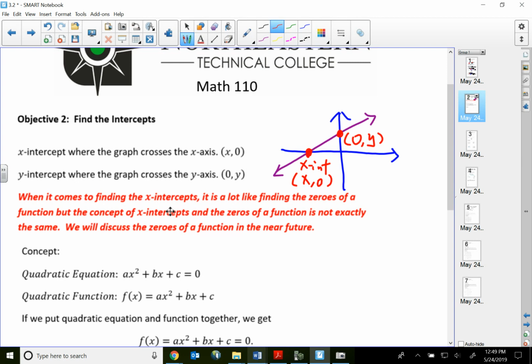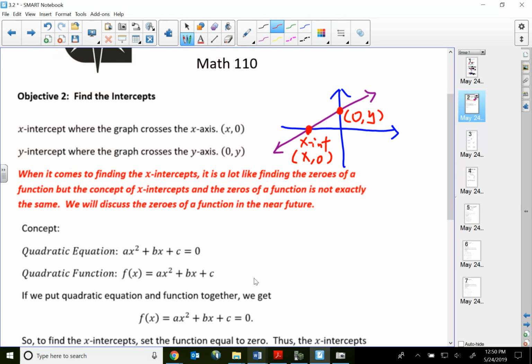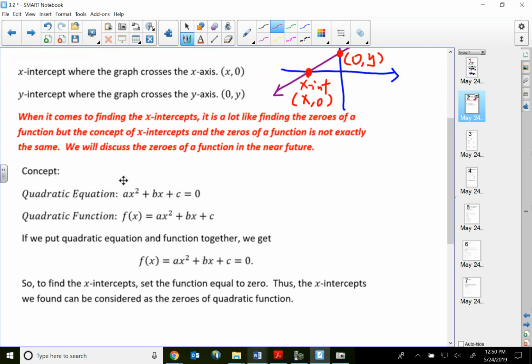I will post a lot of videos about the zeros of a function. For right now, we're just trying to find the x-intercept. Once you get these steps down pat, finding the zero of a function later on will not be as difficult. So let me help you make this transition.